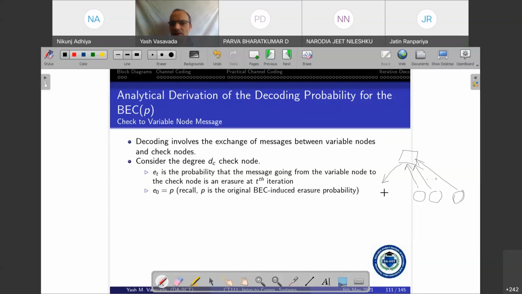Okay, so this is, let's say, 1, and then this is DC. Right, so these are the DC variable nodes.